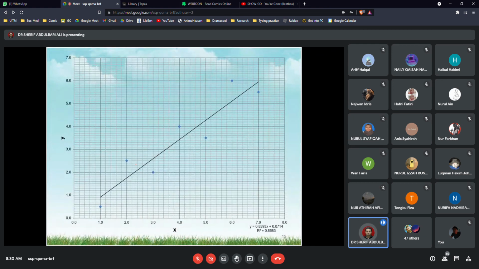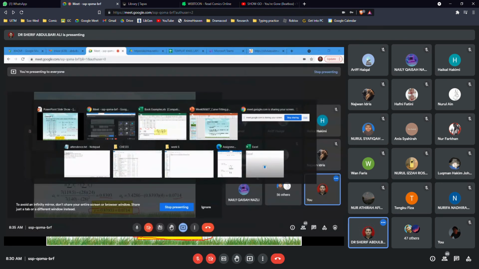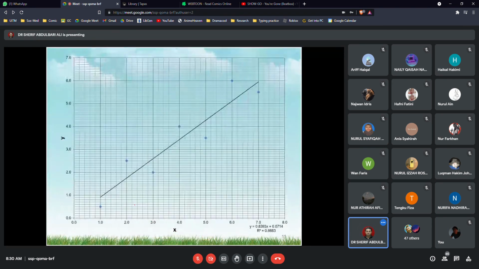Okay, so to draw the line, you can just choose any points of x. Let's say x is equal to 1. Just put it into this equation, so you're having the value. So the value is going to be here.